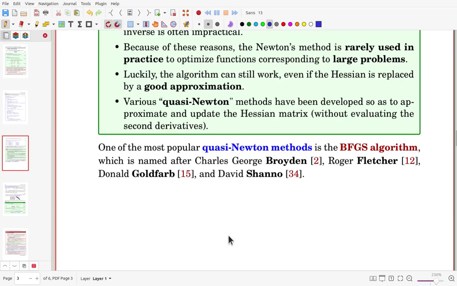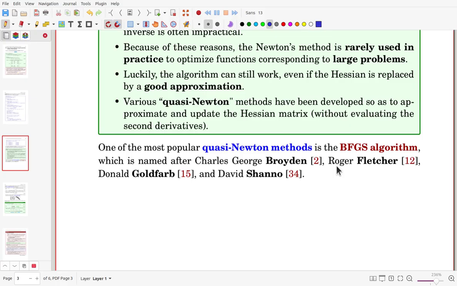Here, one of the most popular quasi-Newton methods is the so-called BFGS algorithm. That is named after these 4 people. These 4 people published almost the same idea around a quasi-Newton method, independently, also in the same year.